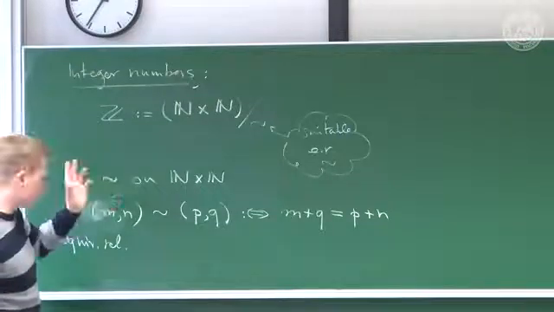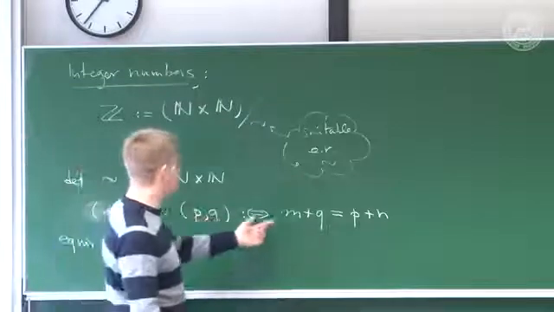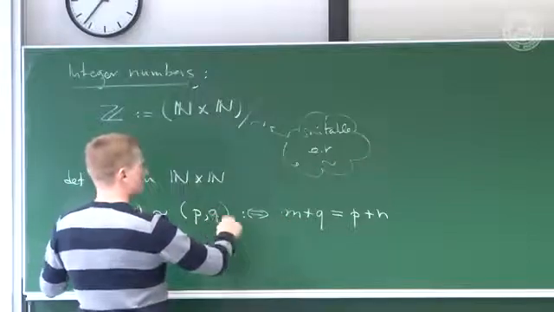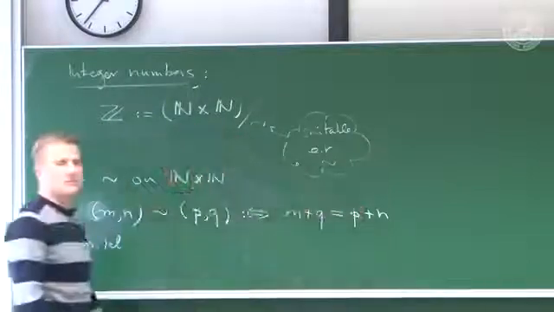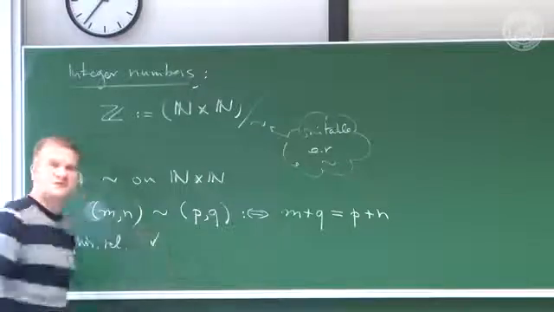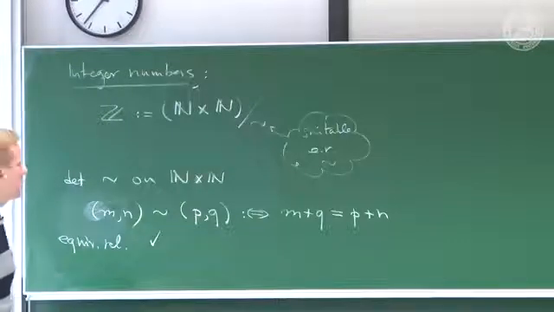Sorry, that was already symmetry. Reflexive is clear, because then it's m plus n equals n plus m. This is also clear. And you can also check it's transitive. Let's not do this right now. This is an equivalence relation. Needs to be checked. Okay.